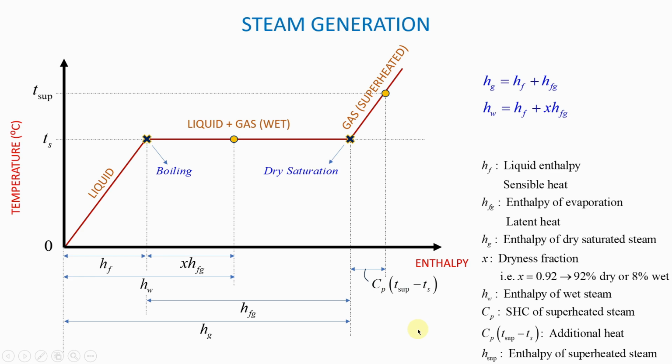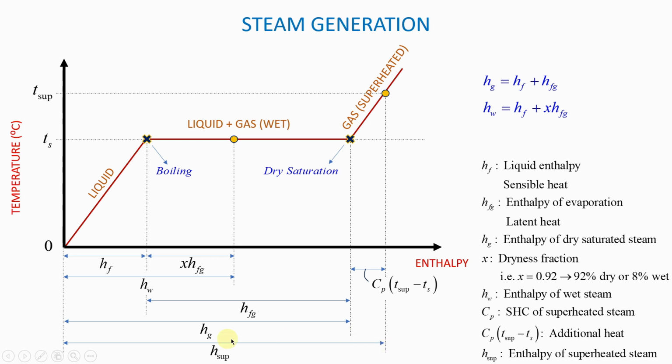So now, if we want to know the amount of heat that we need to add to the steam from 0 to the place where it is superheated, that total heat is what we refer to as hsup, okay? hsup is the heat from 0 to the place where it is superheated.